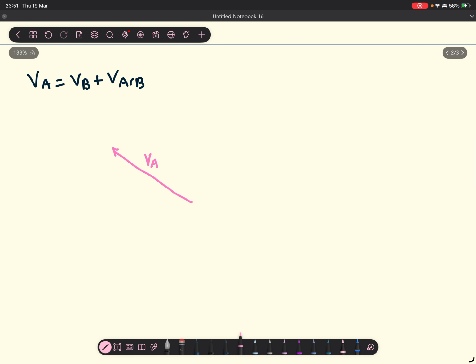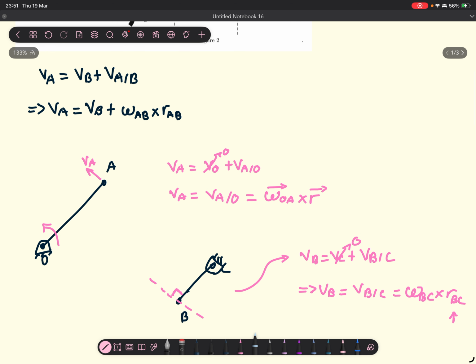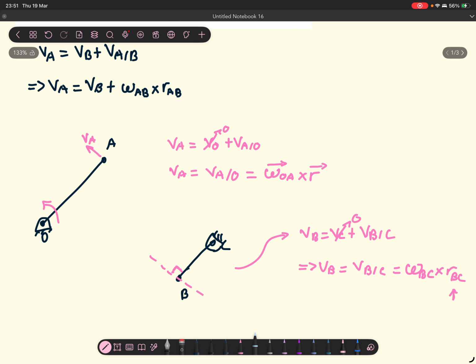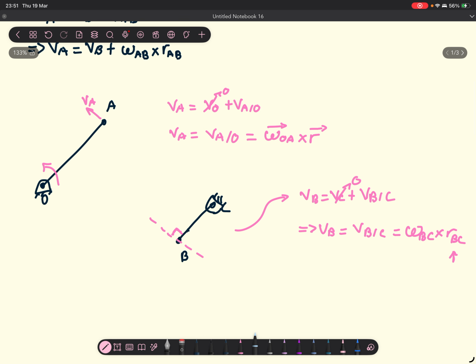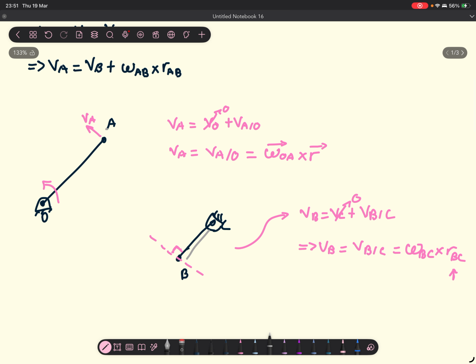We know VA, and we know that VB is going to be parallel to VA, okay? The reason why we can say that is these two lines are parallel, and these two lines are perpendicular to those parallel lines. So in essence, they have to be parallel to each other as well.